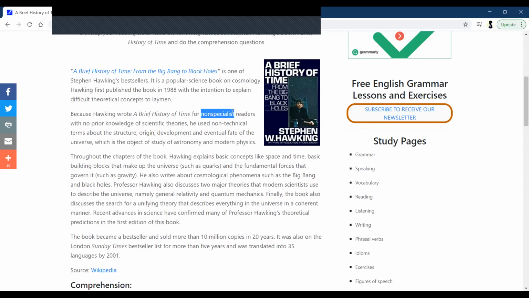And non-specialist: if you say specialist, that means someone is good at something. But for non-specialists, it means it's also acceptable if you are not good at this thing. And astronomy means you do research on the stars, planets, the celestial objects in the universe.